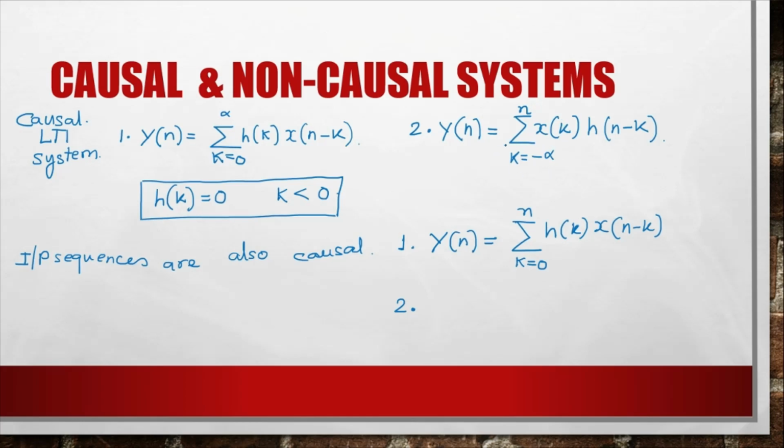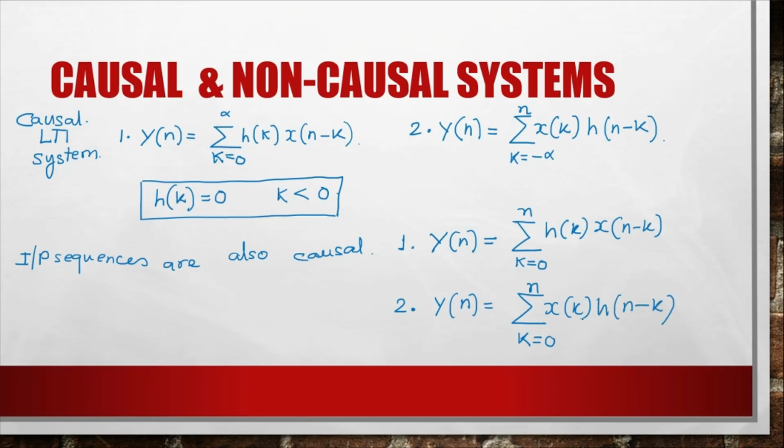So the lower limit of k will change in this expression. It will start from k equal to 0 to make the input sequence causal, and we can take up to n. There is no problem for the input sequence. So it will be h of n minus k.